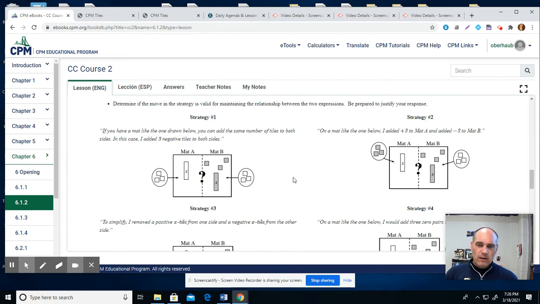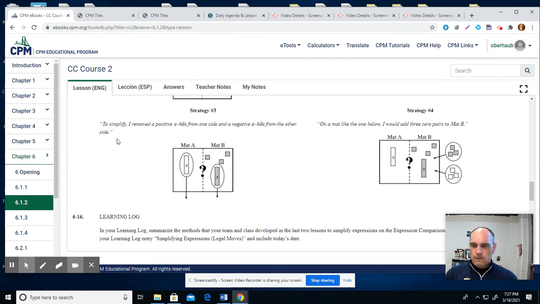Over here, remember, we added the same thing to both sides, and that was legal. Here, they're adding 2 different things: positive 3 to mat A and negative 3 to mat B. So I'm going to say that that is not legal. You cannot do this because we have to do the same to both sides. If not, then we've thrown the values off. So this is not legal because we're not putting the same thing on both sides.